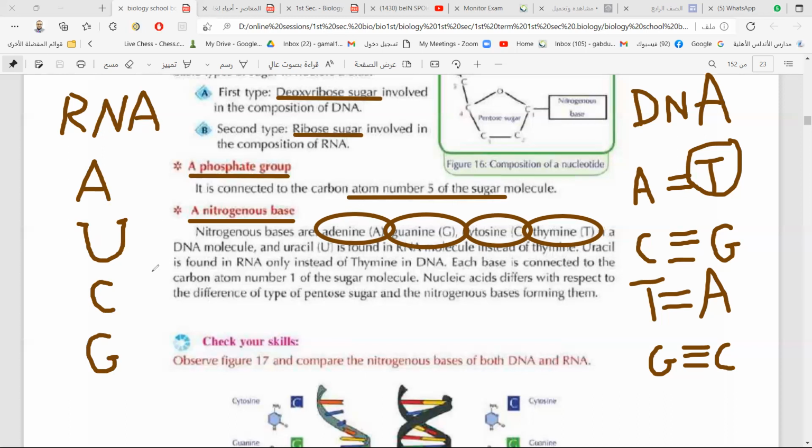So we have 4 nitrogenous bases in RNA. A, C and G are found in both, but uracil is found only in RNA, and thymine is found only in DNA. This is one difference between DNA and RNA. In DNA the nitrogenous base may be A or T or C or G, but in RNA the nitrogenous bases may be A or U or C or G. Okay?